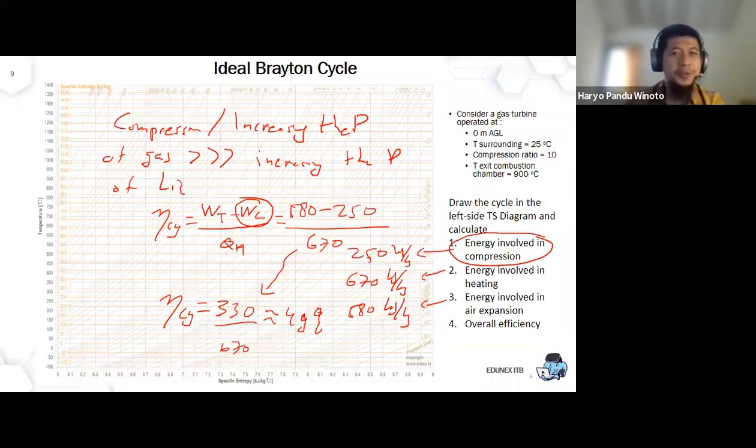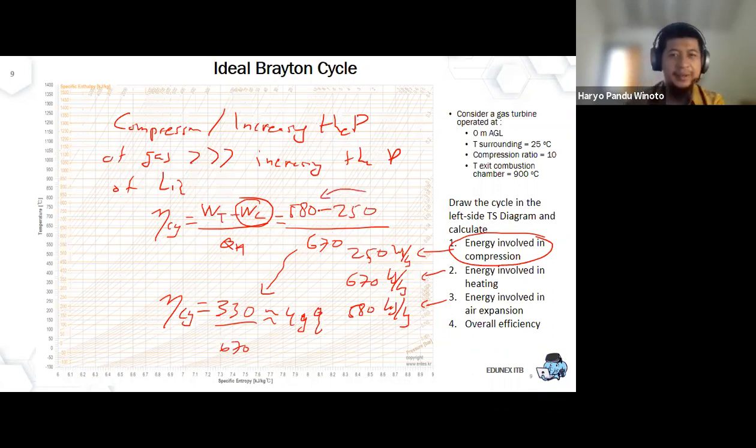Maybe next year you will have to start the plant design. Never, if you can compress your fluid in its liquid phase, never go to the gas phase. So you can see here, it's almost how many percent?